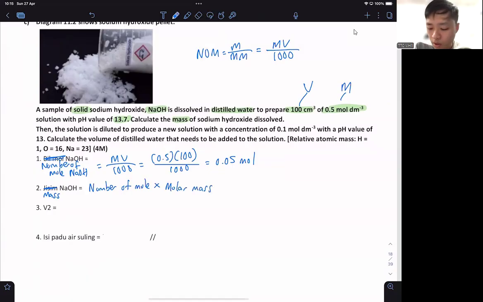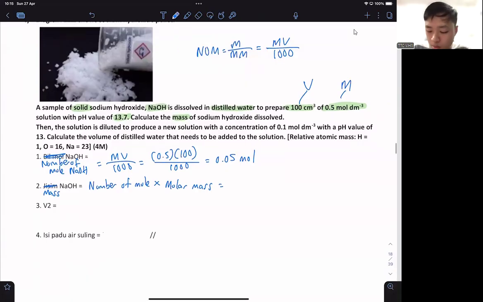That equals 0.05 times, for NaOH, 23 plus 16 plus 1, then you get 2.0 gram. Then that's it.